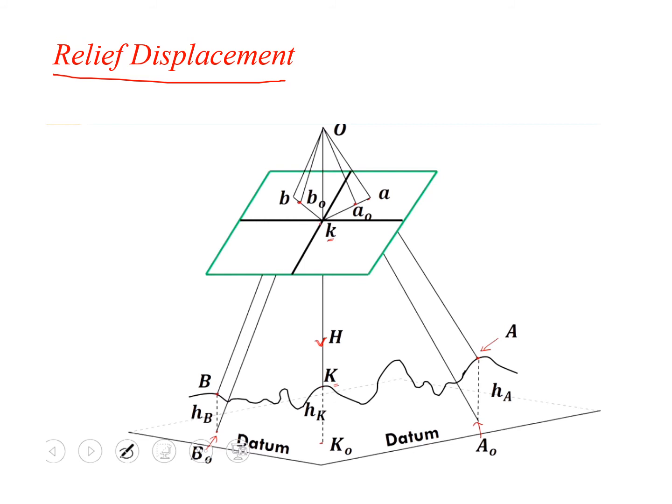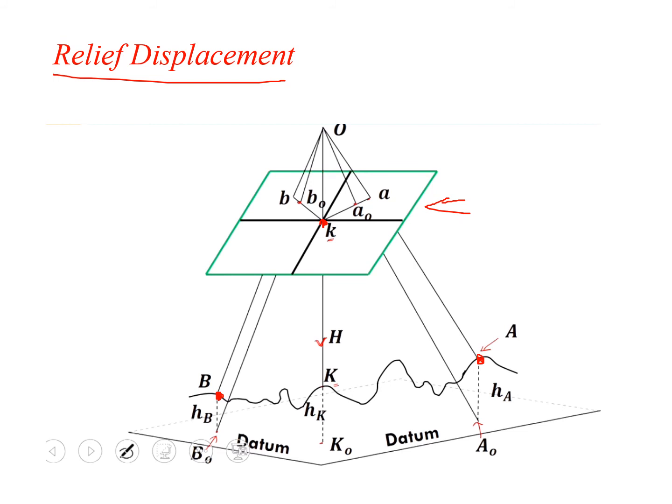Now let us say there are 2 points. One is here, we call it the A point, and another point is B here. Now they are at different elevations. Now you can see here there is the datum. It is tried to show in 3D form. So this is your positive image plane, and for this you have to assume that your principal point and the center of the fiducial edges are the same point.